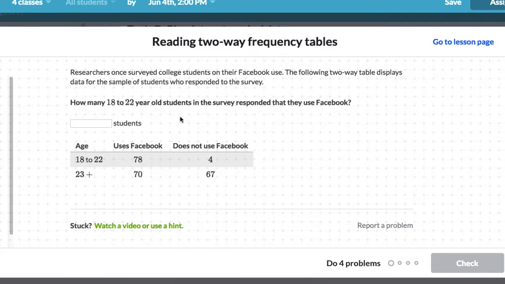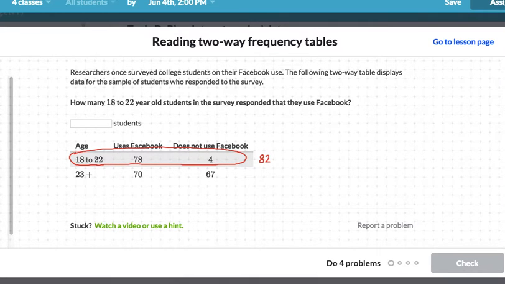Okay. So what we see here is that of the students in the 18 to 22 age range, 78 of them used Facebook and 4 of them did not. One of the things we can gather from here is that for the age group 18 to 22, 78 plus 4 is 82, so there were 82 students surveyed, and 78 of them used Facebook and 4 did not.